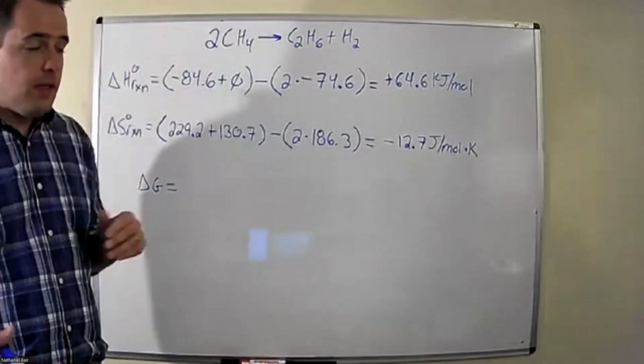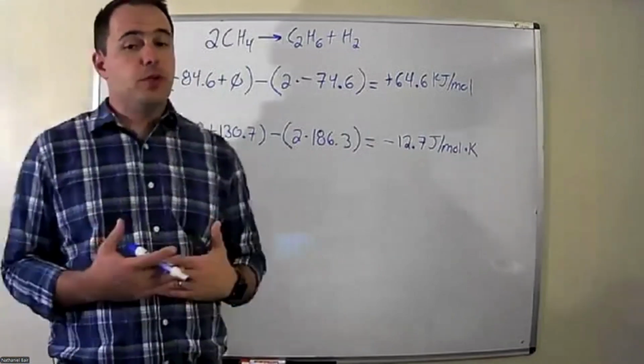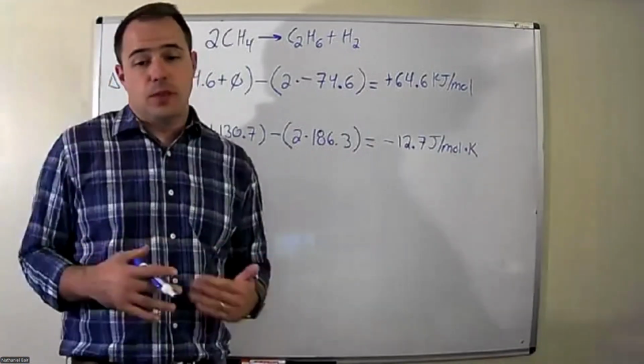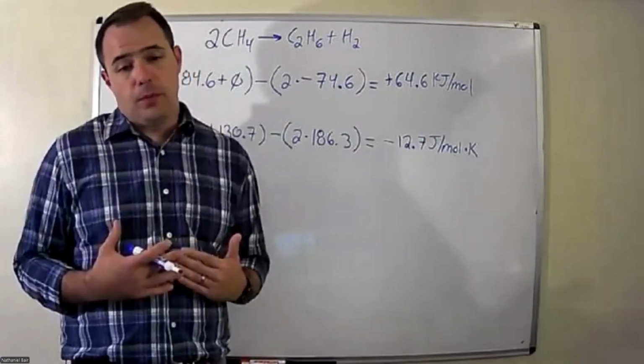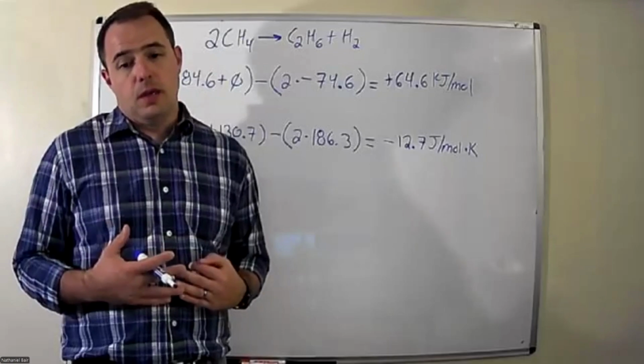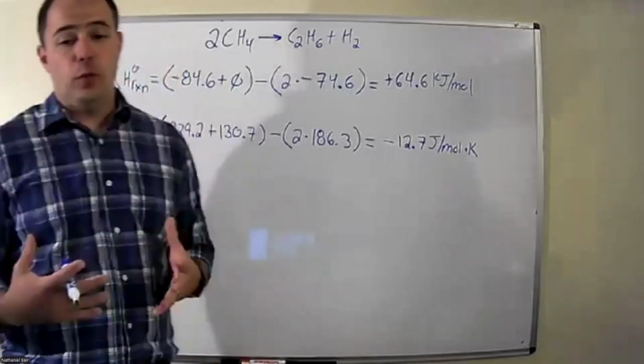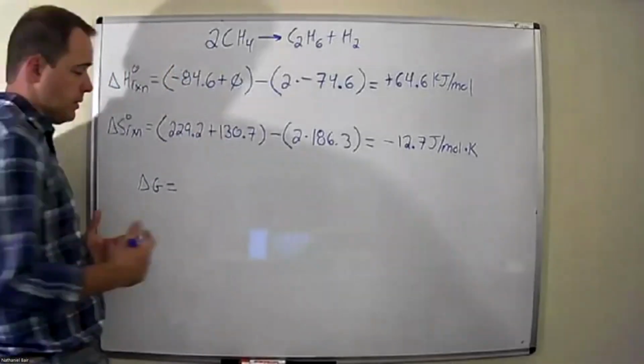Because if you think about it, no matter what you do, because temperature is in Kelvin, and absolute zero is the limit, you can never make temperature negative. This reaction can never have a negative delta G. It's always going to be positive. So let's solve for it at room temp and see what it is, but it's going to be some positive value.